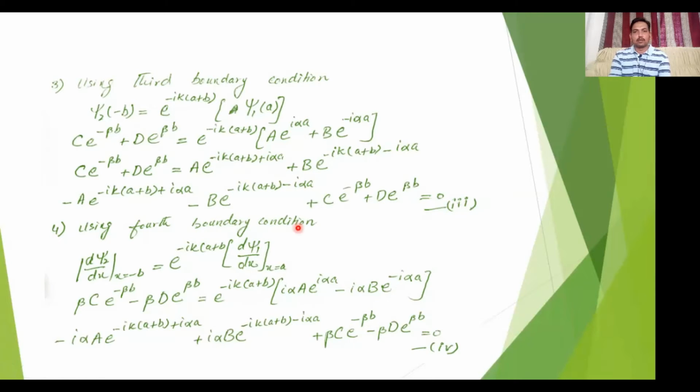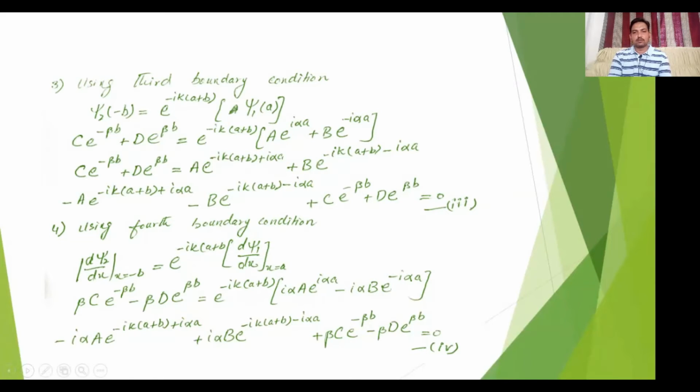And finally, we have to solve the fourth boundary condition, which is for the derivative, by applying the Bloch function. So you have d psi 2 by dx at x is equal to minus b is equal to exponential iota k a plus b into d psi 1 by dx at x is equal to a. This is due to the periodicity. So this derivation is very much the same as that for equation number 3.